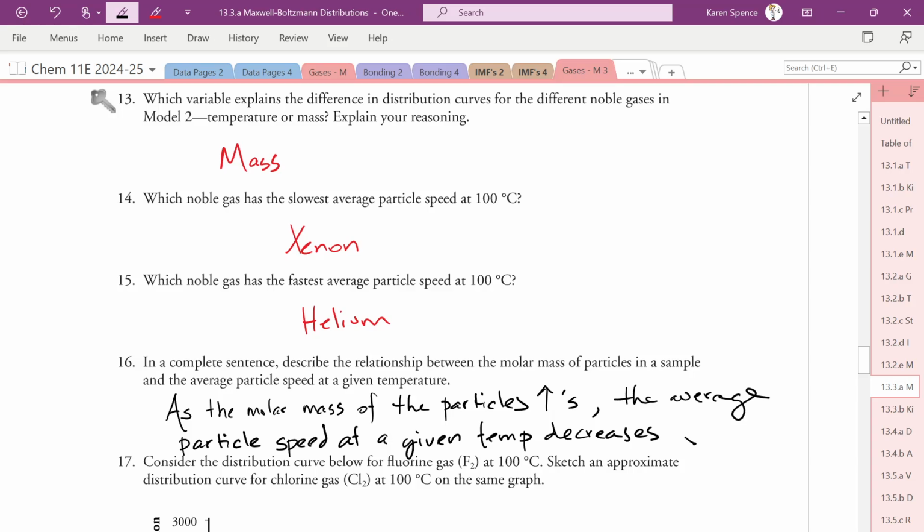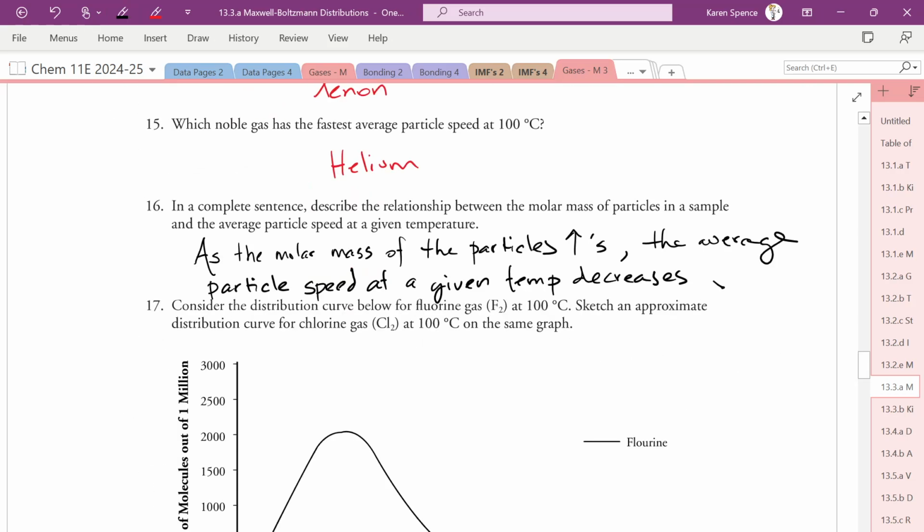So, as the molar mass of the particles increases, the average particle speed at a given temperature decreases. Does it make sense that if we give them all the same energy, the heavier ones are going to move more slowly? Yeah, because if you push something small, it's going to go farther than if you push something bigger with the same energy.